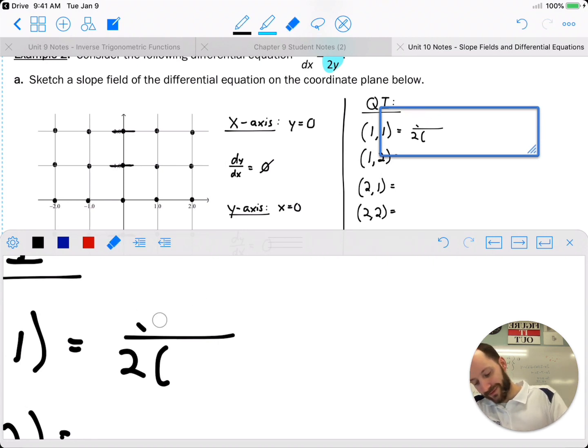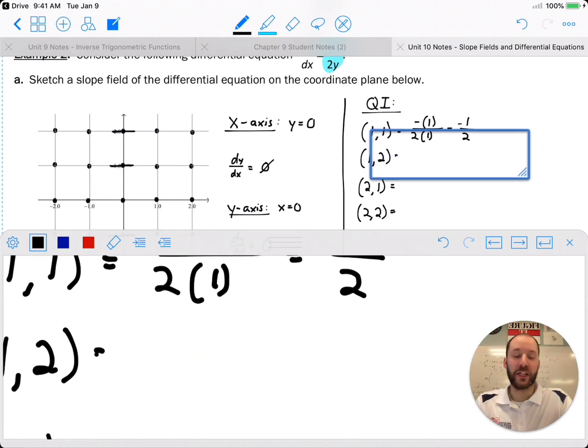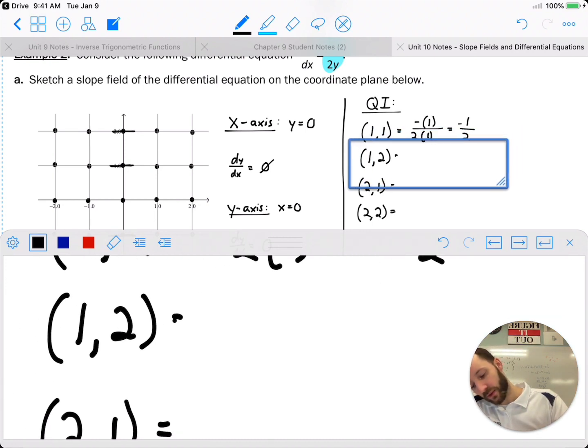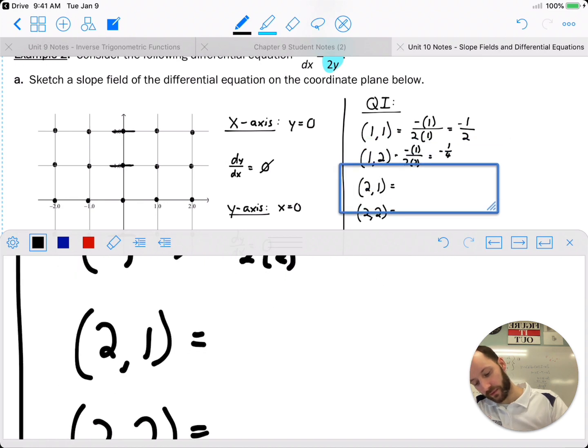It's too early. Negative x is 1. Down here, 2 times y, which is also 1. So -1 over 2 times 1, more commonly known as -1/2, sorry. Again, early. So again, negative x over 2 times y. So -1/4. The point 2, 1. Again, plug in 2 for x. Plug in 1 for y.